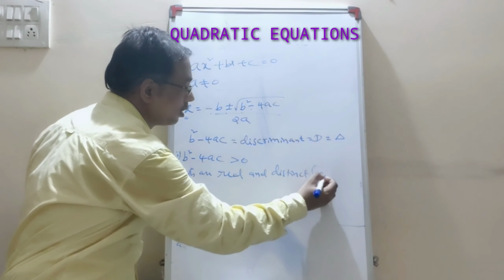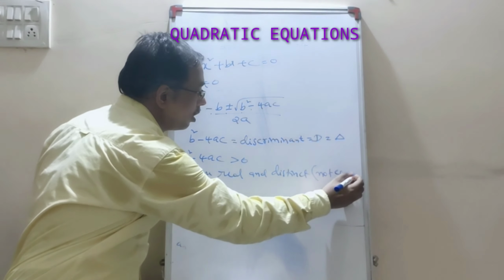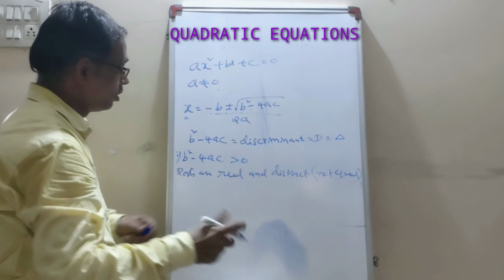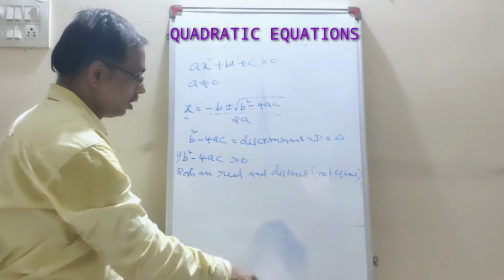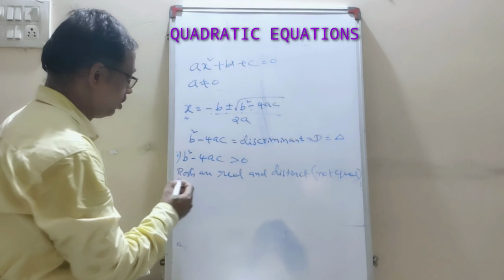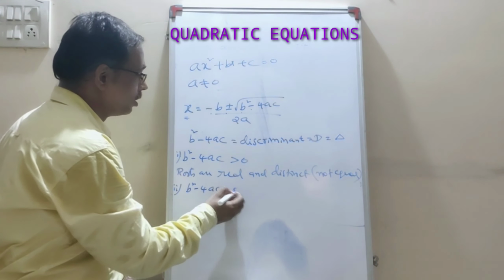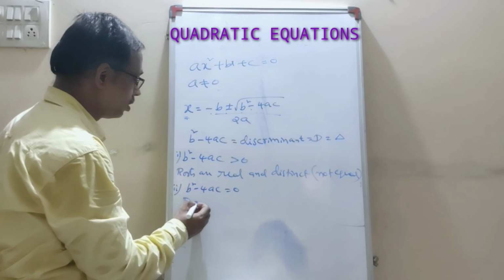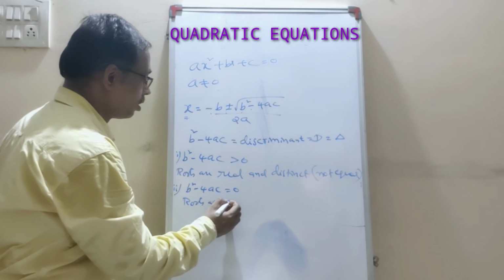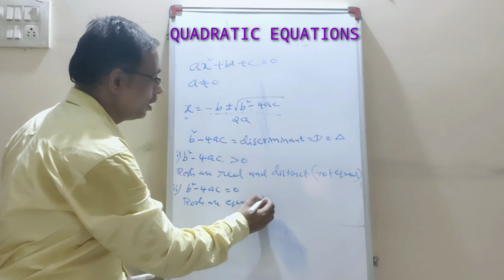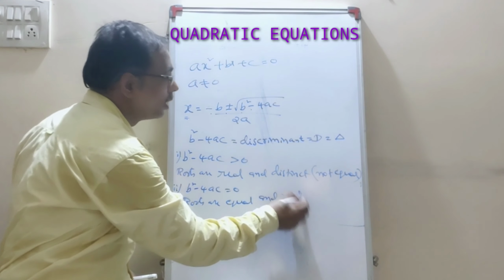Next, if b² − 4ac = 0, then the roots are real and equal.